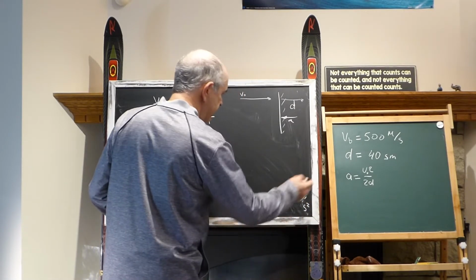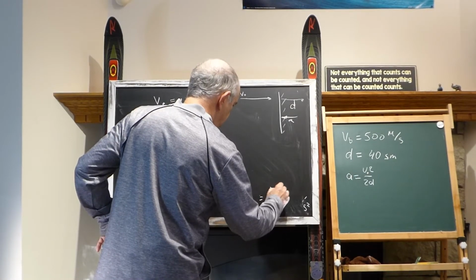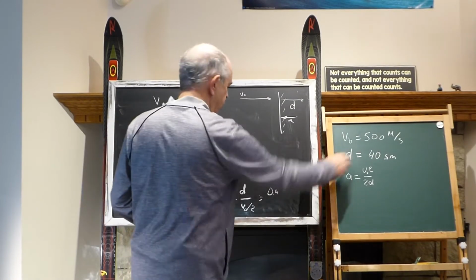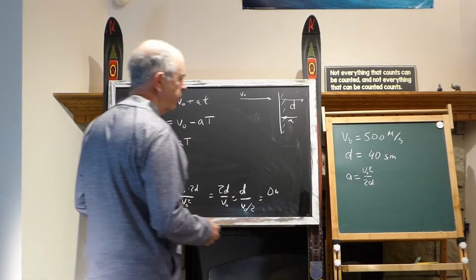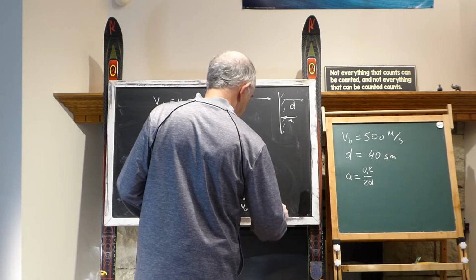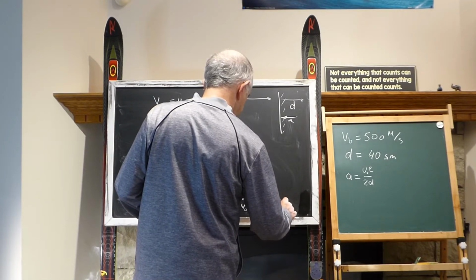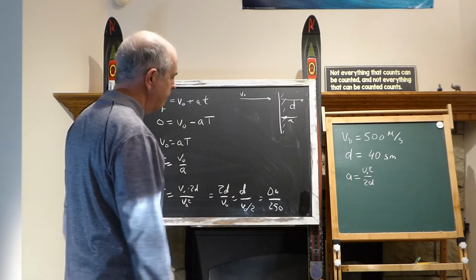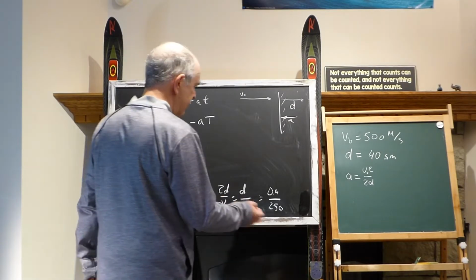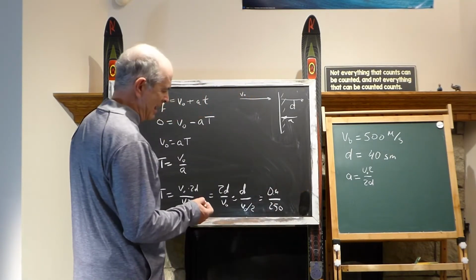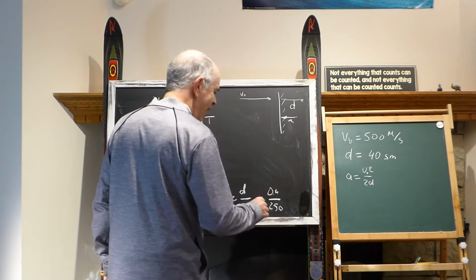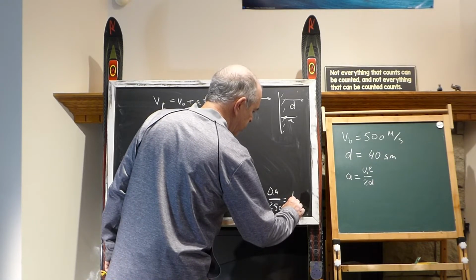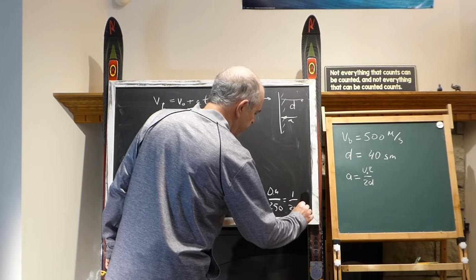Well, let's do it. D is 0.4 meters, because 40 centimeters is 0.4 meters, divided over 250. It's very easy to find. This time would be very small. I can tell that. If I multiply by 2.5, this would be 1, and this would be 2.5, 250.